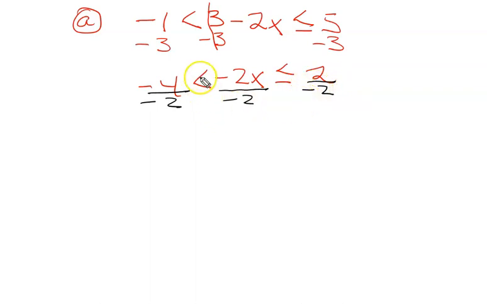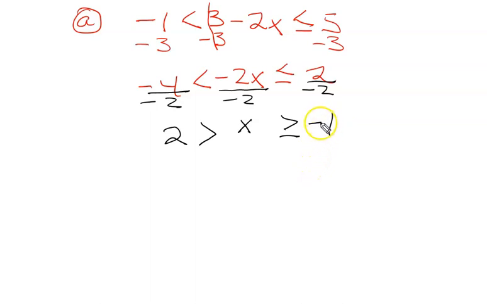Don't I have to change my inequality sign directions? Yes, I have to reverse them. So this is now going to be greater than. This is going to be greater than or equal to. And you can see here I'm going to end up with a positive x. This cancels out. A positive 2 here and a negative 1 there.